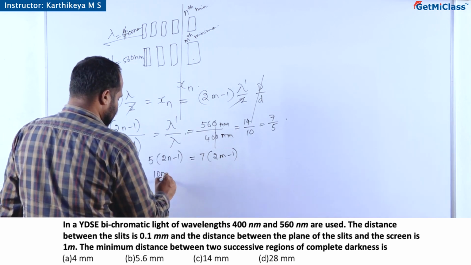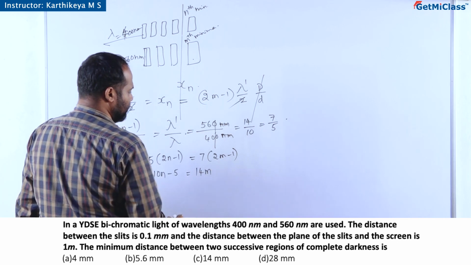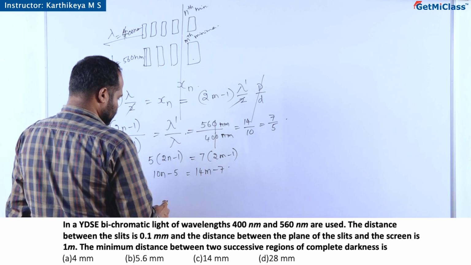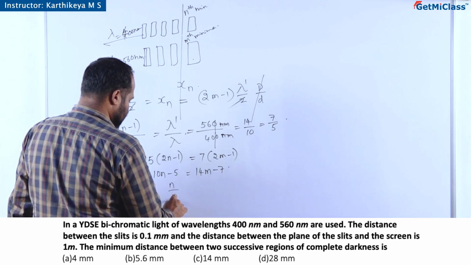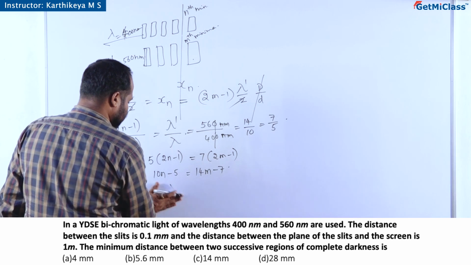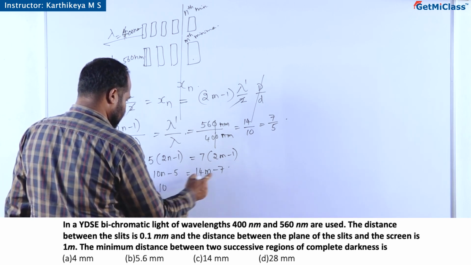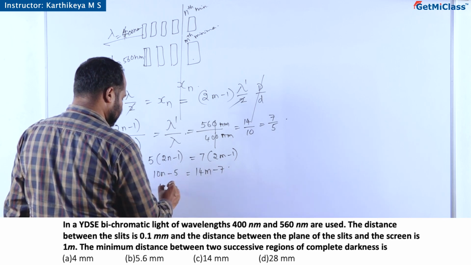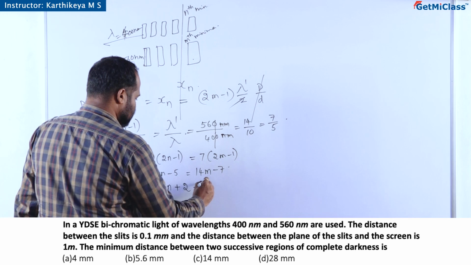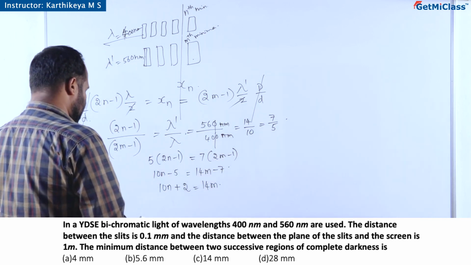So 10n minus 5 is equal to 14m minus 7. If you want n by m, we need to bring them together: 10n, as this 7 comes to this side, that will be plus 2, is equal to 14m.